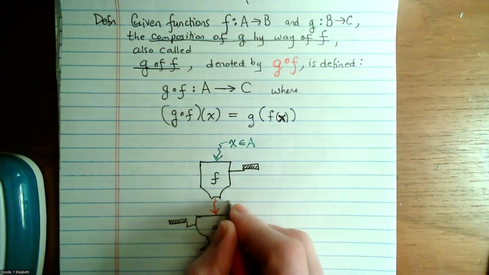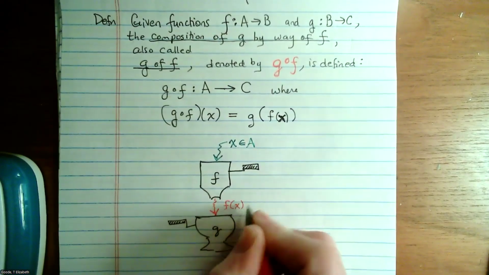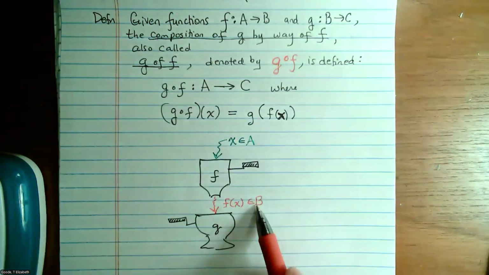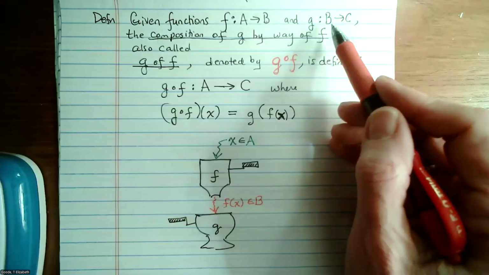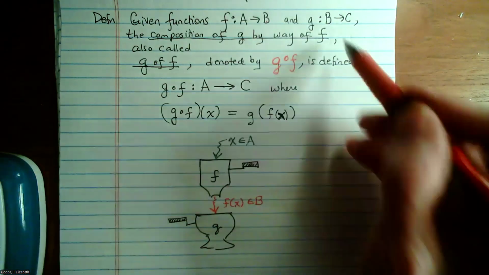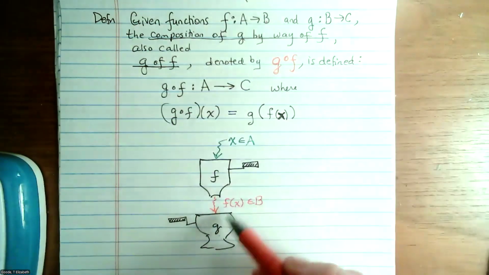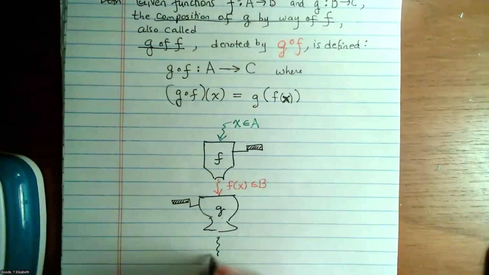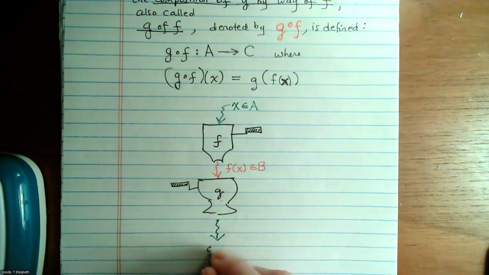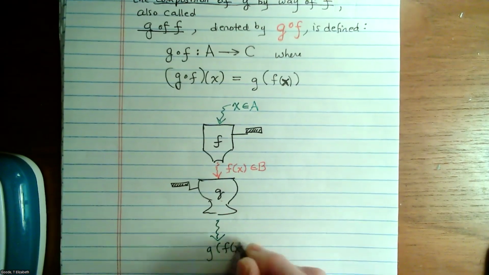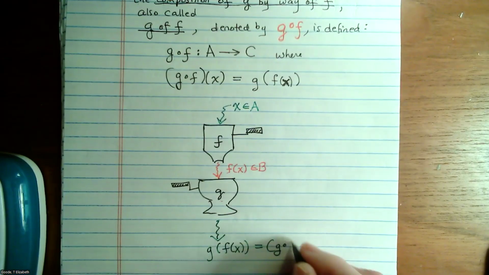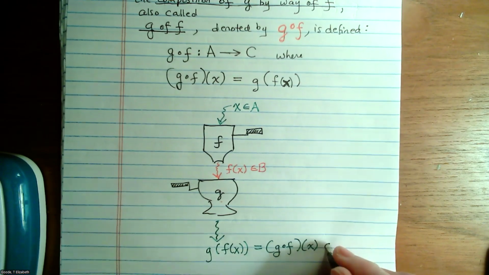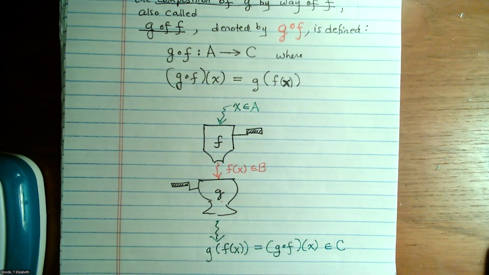And out comes F of X. But it lives in B because the codomain of F is B. And that is exactly the domain of G. So G can take this F of X from B and grind on it, and out will come G of F of X, which is what we're calling G of F of X. And this is an element of C. Does that make sense?